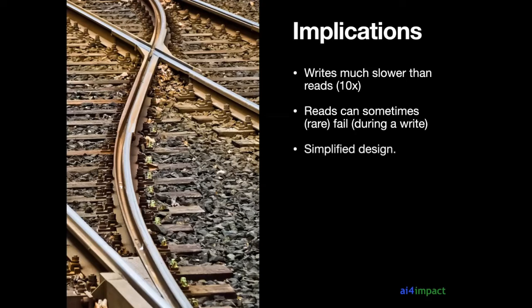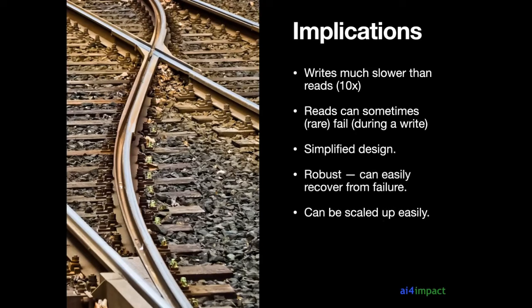Now, the benefit, of course, is that with these two assumptions, we have a simplified design, and therefore it's more robust. We can actually make it so that it recovers from failure very easily. And we also made it so that it can scale up. So in the future, if we have many other users on the system, we can scale it up quite easily without too much trouble.